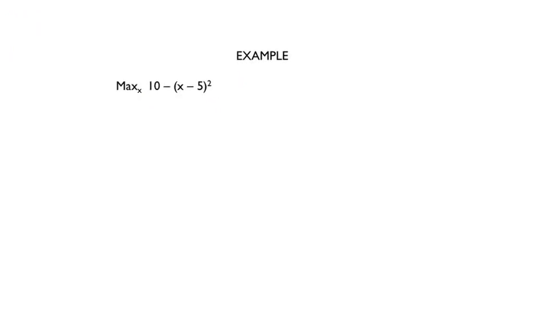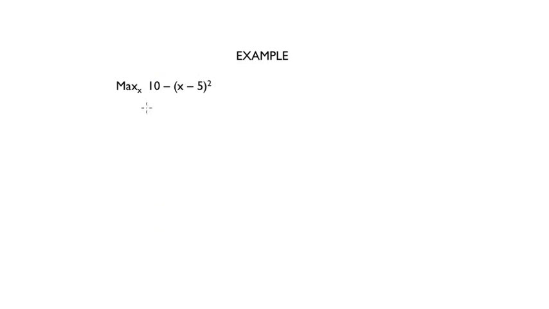To warm up and practice what we have just learned, let's do a simple example. Consider the function 10 minus x minus 5 squared. Think of this as the profit function that we are trying to maximize.